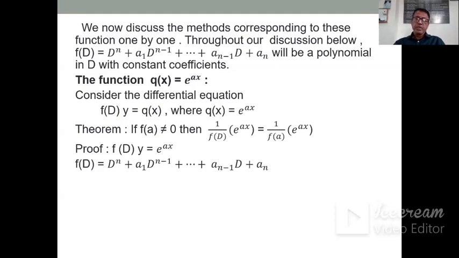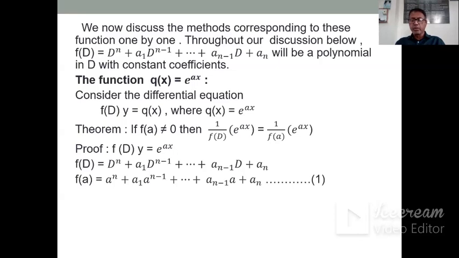See here, f of D is D to the power n plus a1 D to the power n minus 1 plus ... plus a n minus 1 D plus a n. Now from this we first write f of a, which means in this result we substitute D by a. We want to use this later on.